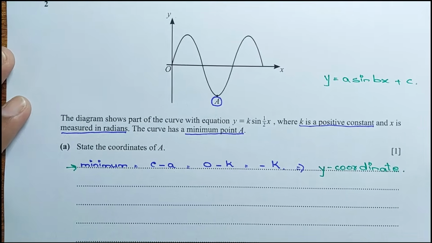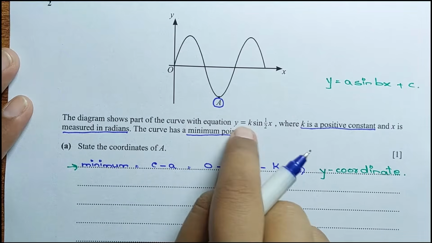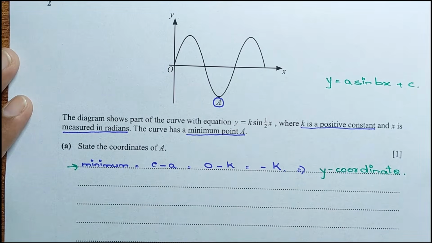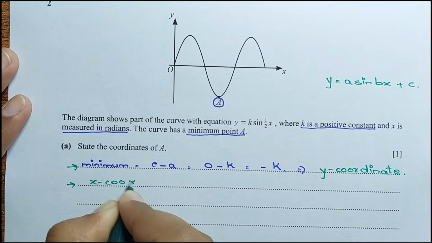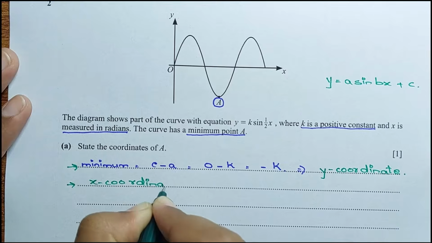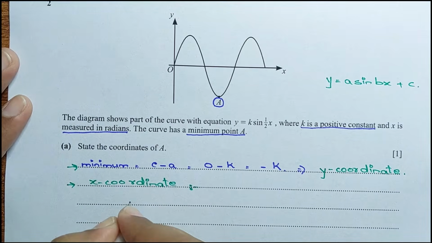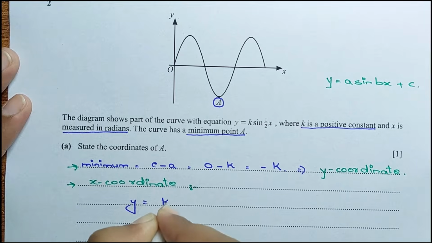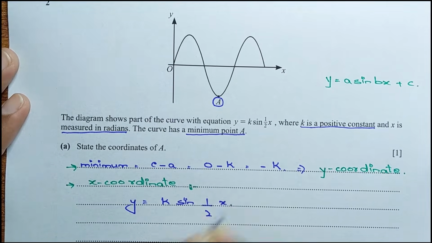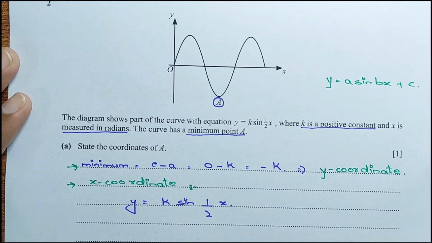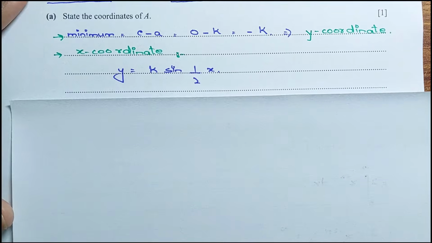So to get the x coordinate, let me substitute y equals minus k into this equation and solve for x. For the x coordinate, I have to substitute into y equals k sine half x. Let me simplify this on a separate paper because I don't have much space.